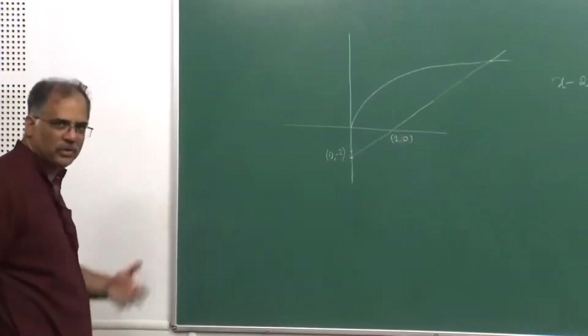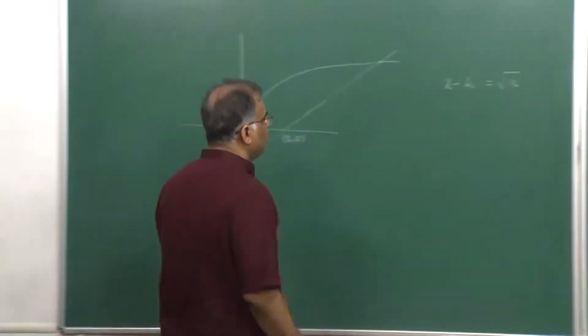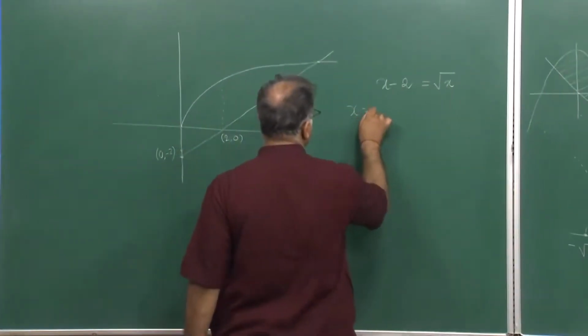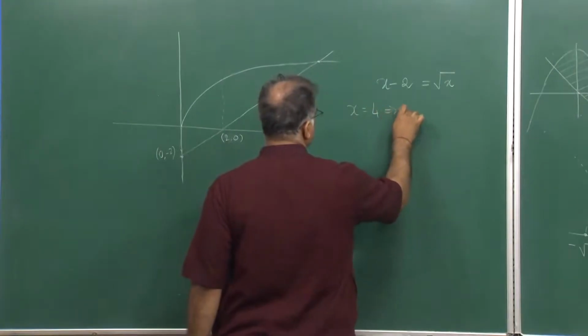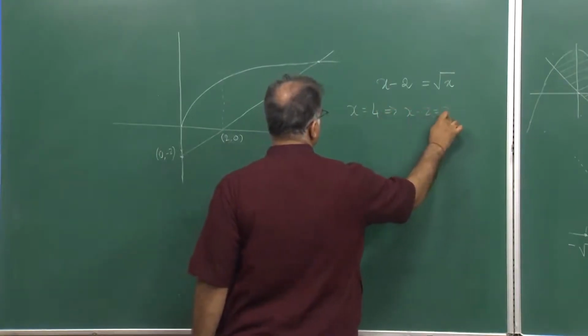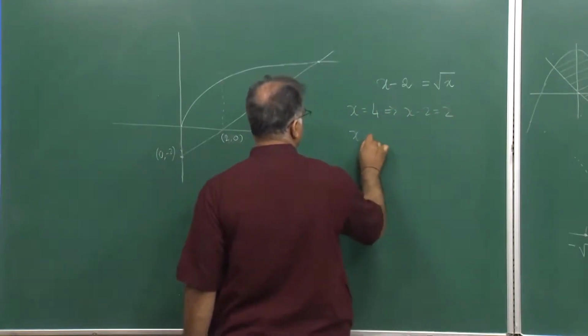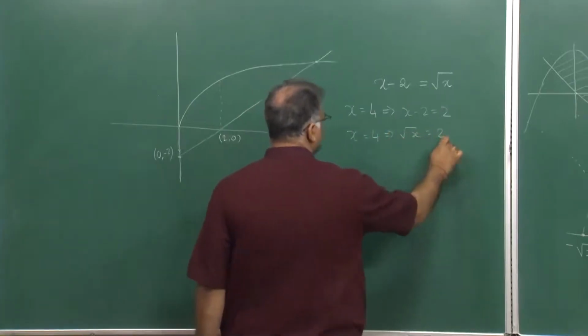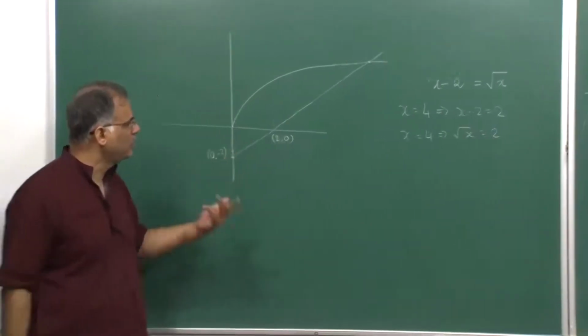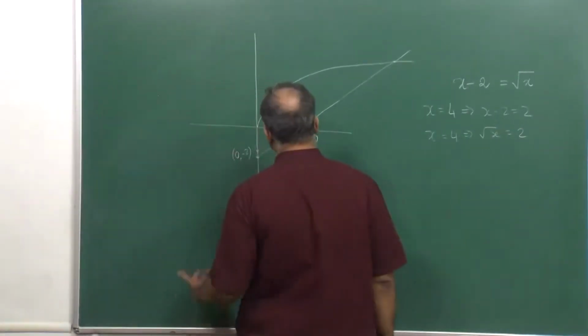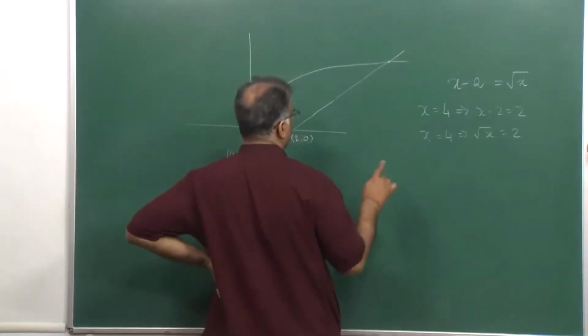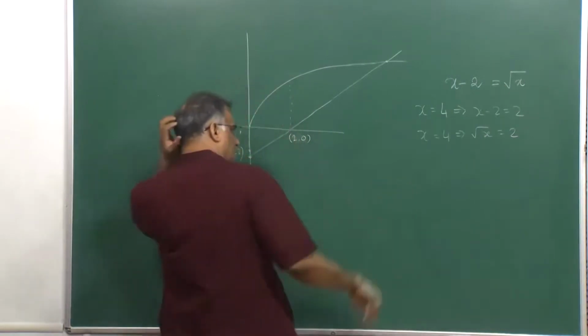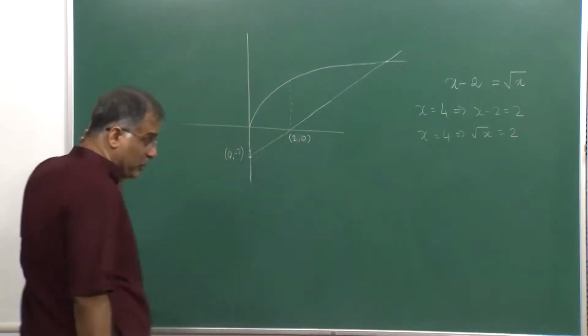Answer is very simple, you do not have to solve it, it is 4, because if you have x equal to 4, then it implies x minus 2 is 2, and if you have x equal to 4, it implies that root x is also equal to 2. So, that is it. Root x means positive root x only, we are not looking into the negative, we are not writing minus root x, because if you write that, then root x does not remain a function, right.